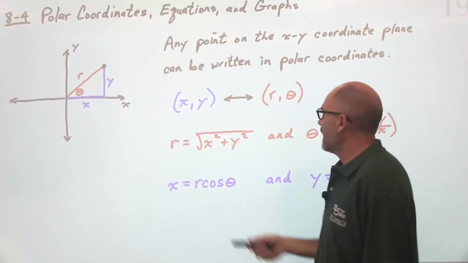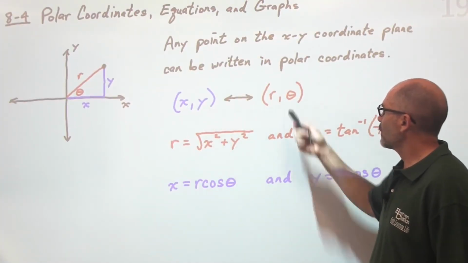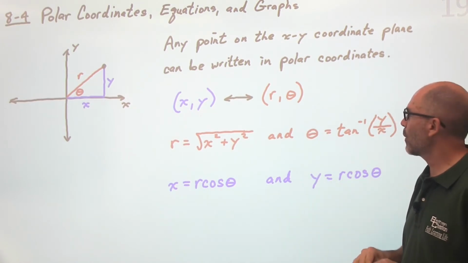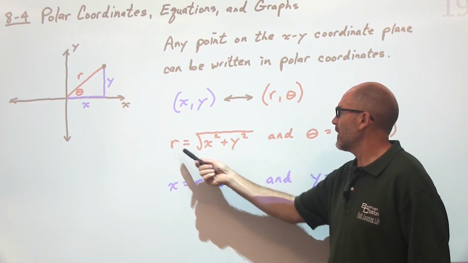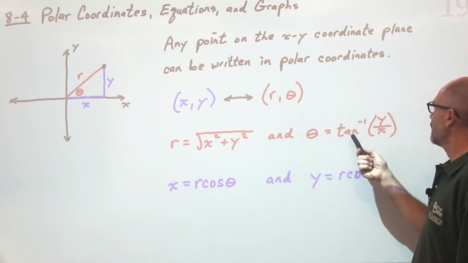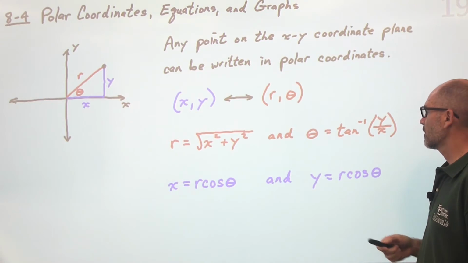All right, the next game is changing from xy to r theta. Now, we're already experts at that because we've done the trig form. So we have r is Pythagorean theorem, square root of x squared plus y squared. And theta is the inverse tangent of opposite over adjacent, so y over x.